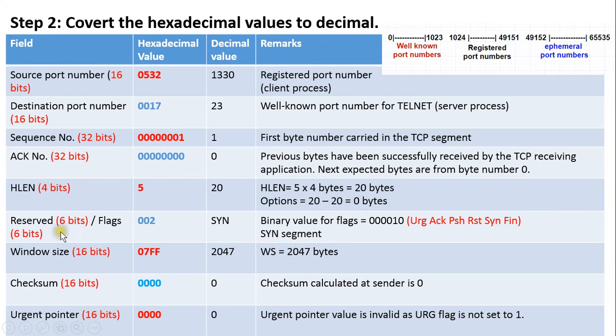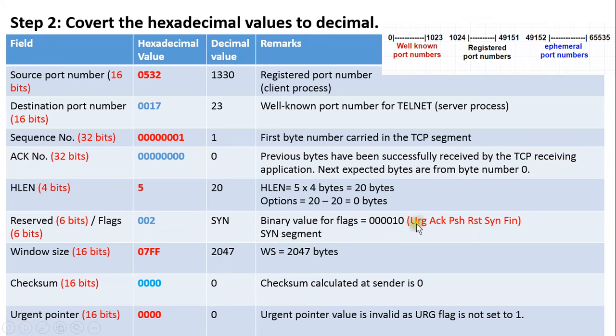The reserved field and the flag field together have a hexadecimal value of 002. No need to convert it to decimal, because here we need to identify which flags are set. So we convert this hexadecimal value to binary and try to identify which flag is set. So in binary the 6 bits are 000010. The binary bits corresponding to 2 are 0010.